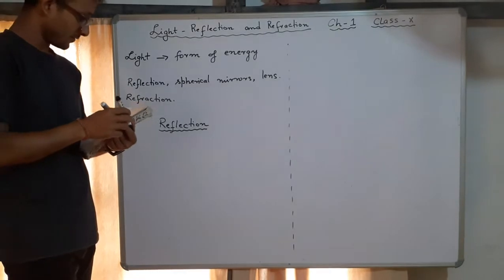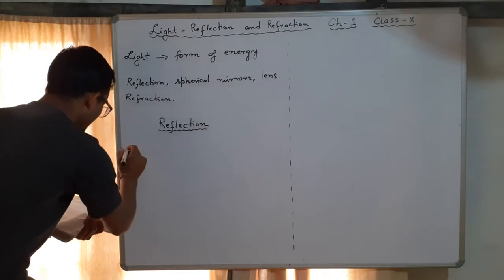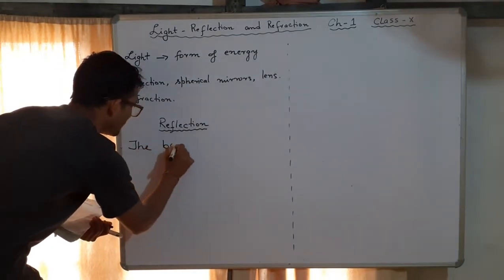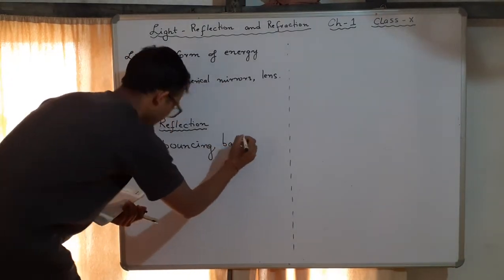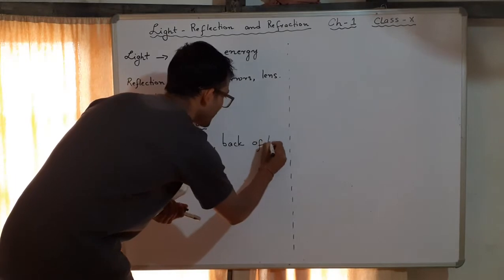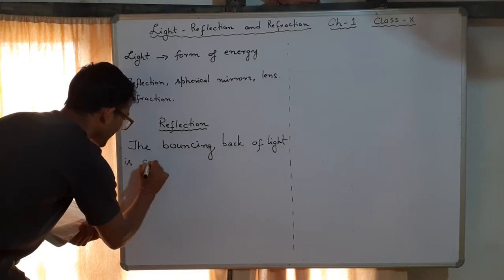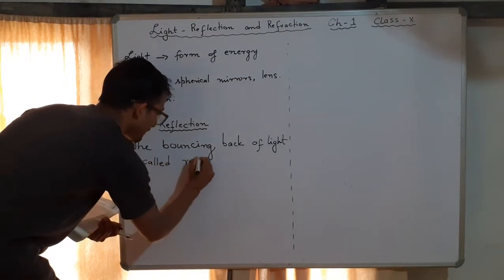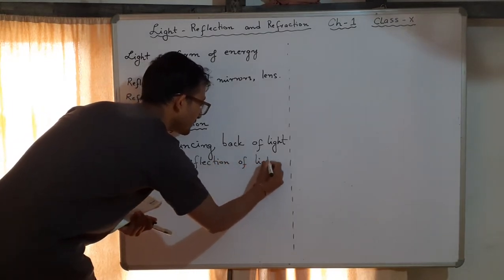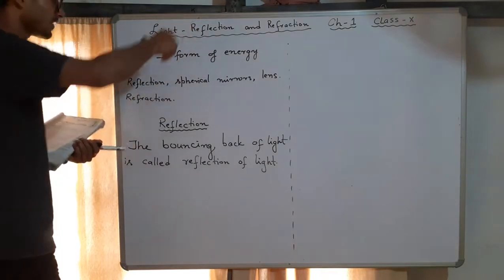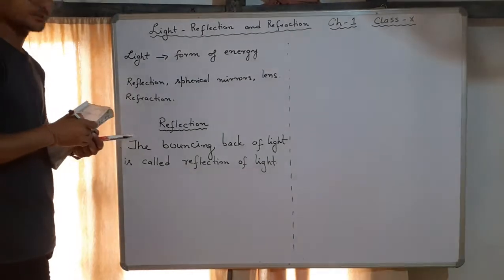We will write the definition exactly as I just told you: the bouncing back of light is called reflection of light. Clear? Just like the bouncing of a tennis ball, the bouncing of light is called reflection.